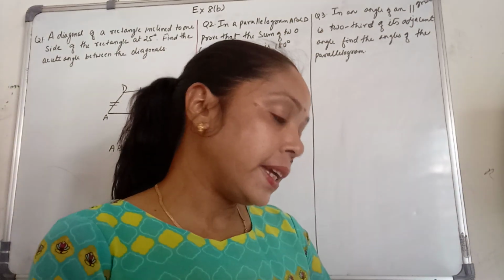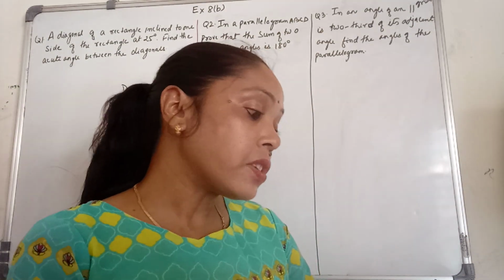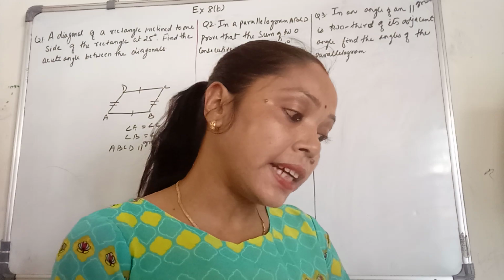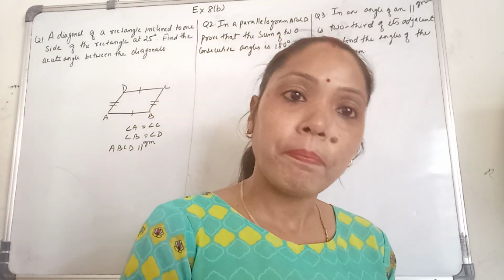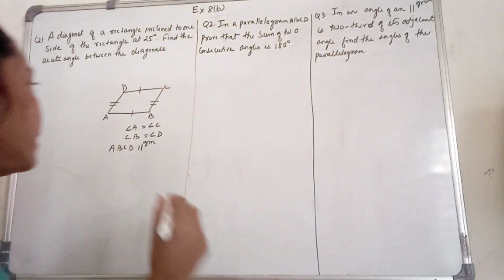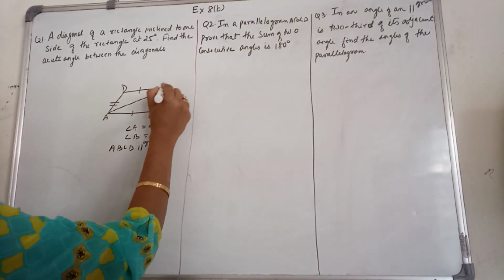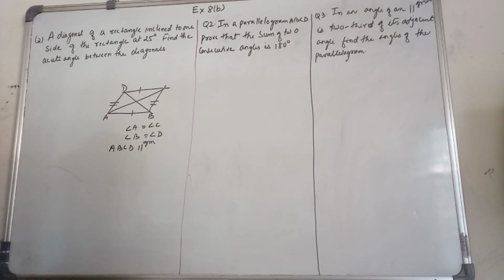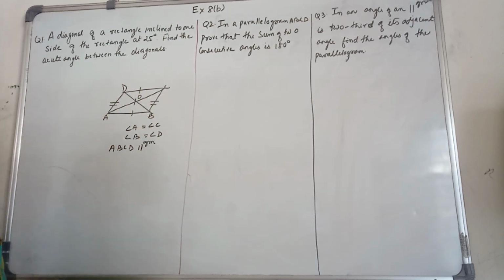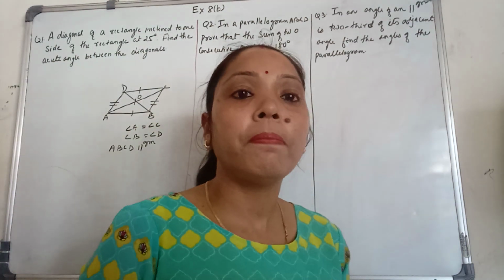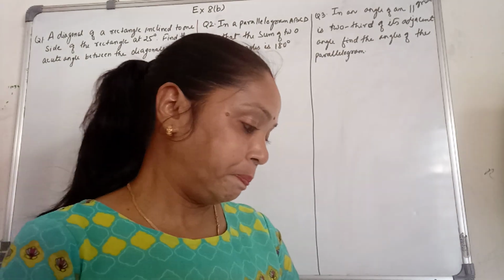Now, number three is, if the diagonals of a quadrilateral bisect each other, then the quadrilateral is considered a parallelogram. If you join AC and BD, AC and BD are called diagonals, and if they intersect here at O, then also it is called a parallelogram.